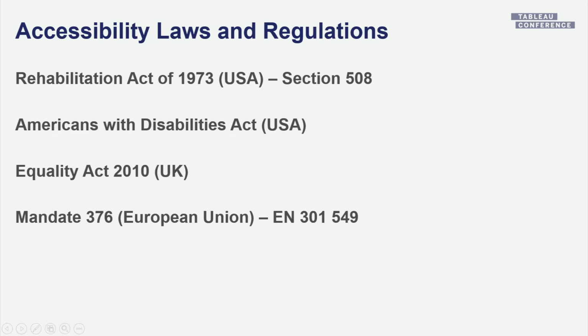But there's another one called the Americans with Disabilities Act, which is starting to become more relevant to computer technology. The law was originally written for what are called public accommodations, typically buildings and things like that, and the standards are mostly around wheelchair ramps and that sort of physical accessibility. But there have been more and more lawsuits and legal challenges about whether a public-facing website for a company, for example, is considered a public accommodation.